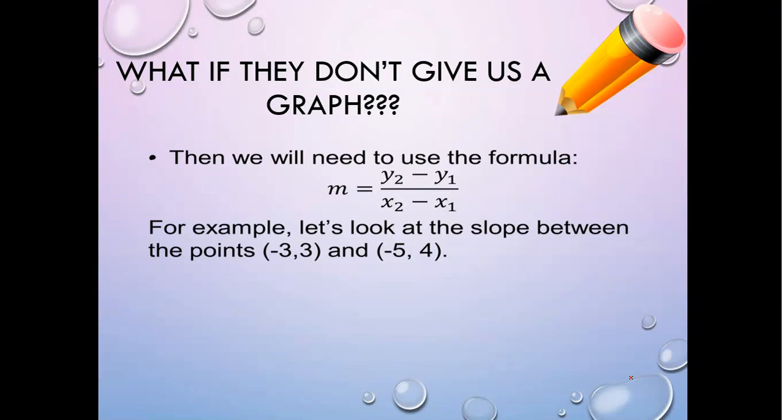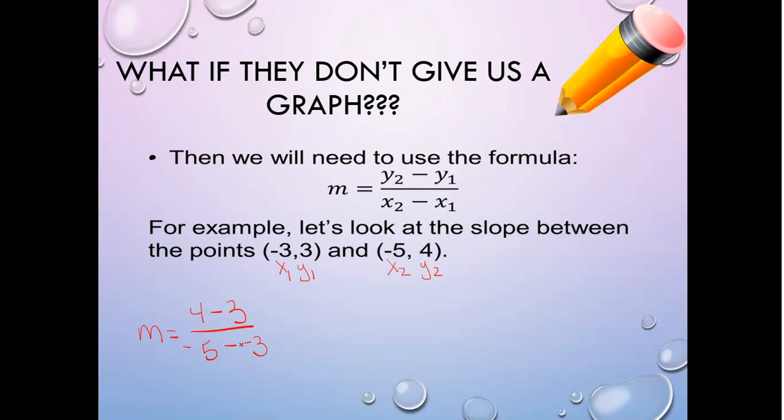So let's find the slope between these 2 points, (-3, 3) and (-5, 4). What I'm going to first do is designate who's x1, who's y1, who's x2, and y2. That way I can just plug and chug. So I have y2 is 4, so I have m equals 4 minus my y1, which is 3, over x2, which is -5, and I'm subtracting my x1, which is -3.